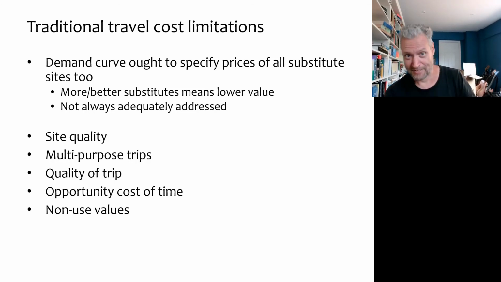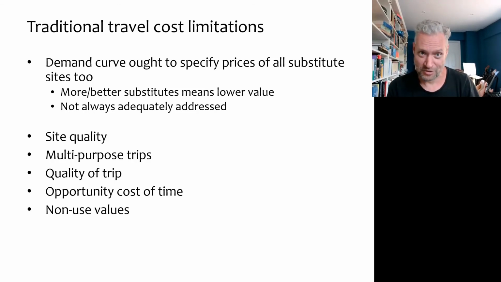And of course, pensioners do travel quite a lot. And as I said, people with children tend to visit parks and those sorts of things quite a lot. And if they're taking time out of work to take care of their young children, then the notion of using their wage as the opportunity cost of time is a bit of a strong assumption.